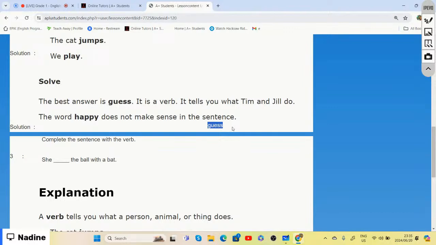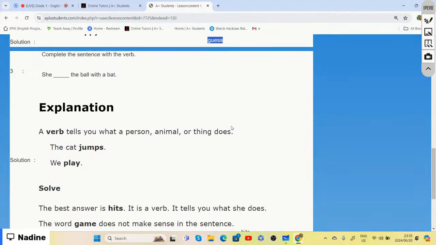But guess, say, or know are the correct possible answers that we can use within that sentence. It will tell us what Jill and Tim do. So either you guess an answer, you say the answer, or you know the answer, as long as it's a verb that matches that sentence.